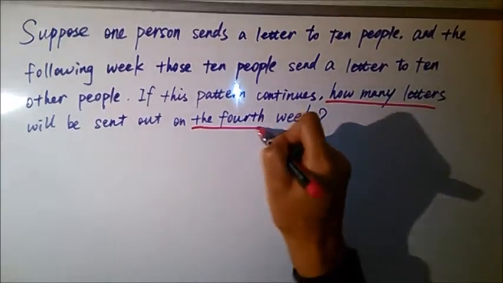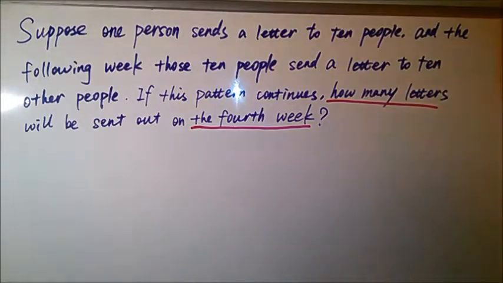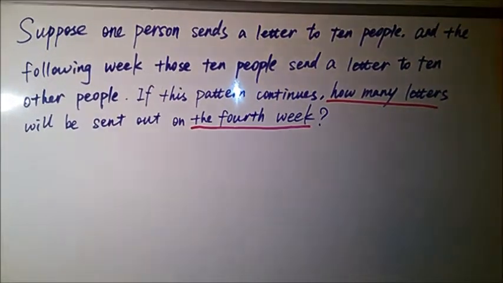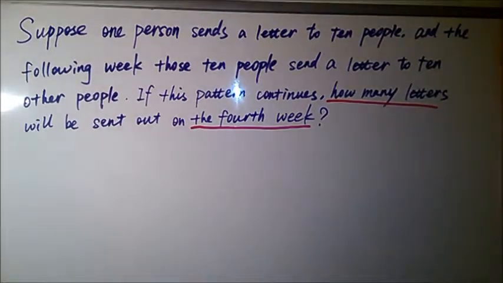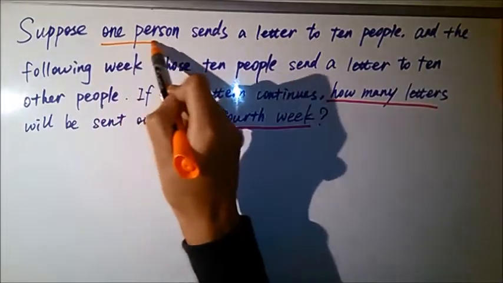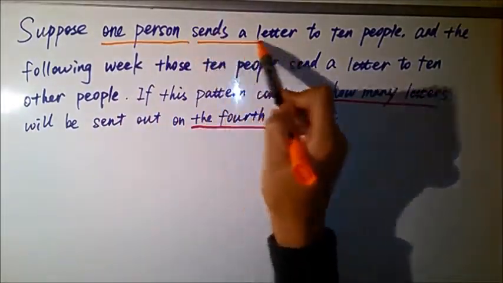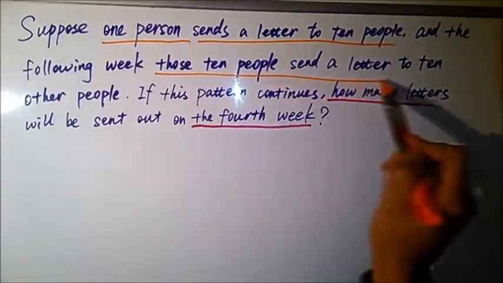The 4th week. Okay? And what are we given? Let's look at the word problem again. One person sends a letter to 10 people. And then those 10 people send a letter to 10 other people.